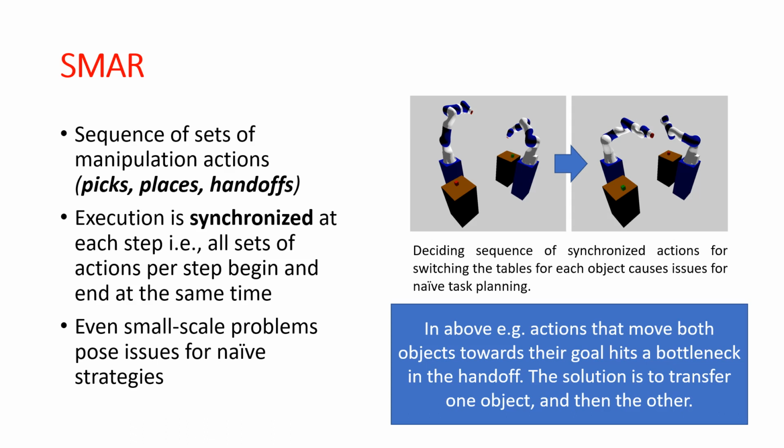So even in such a simple scenario, the solution requires careful reasoning about the consequences of committing a resource, or in this case the arm, to an action, so that it does not block a future action. So this level of task planning by itself is an interesting computational challenge. And we need to find effective solutions which are not naive and greedy.